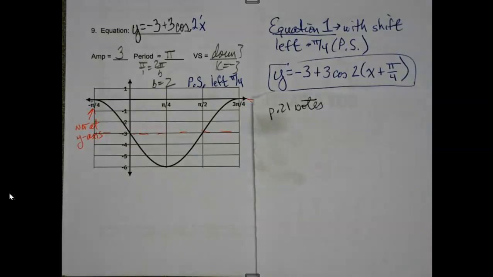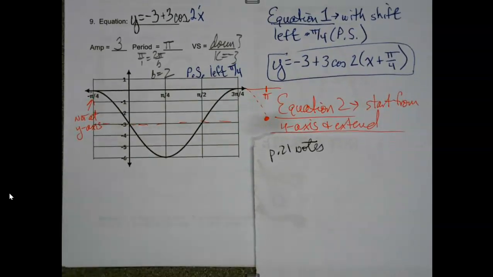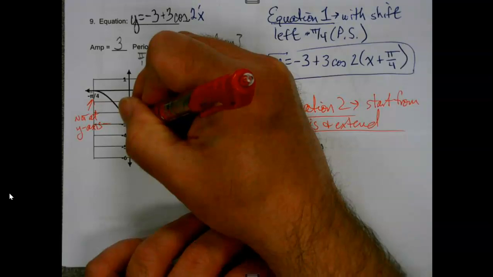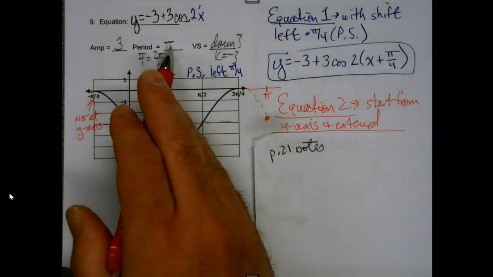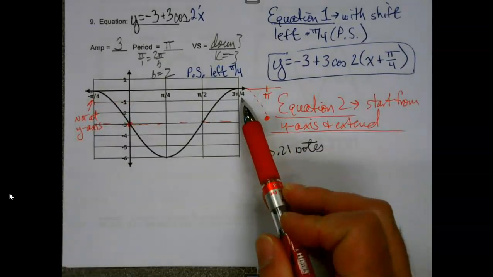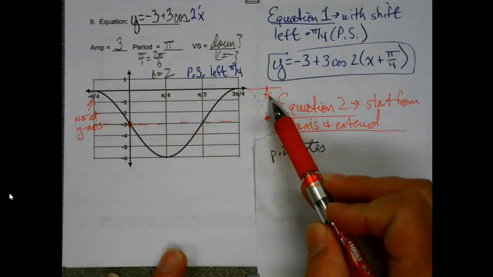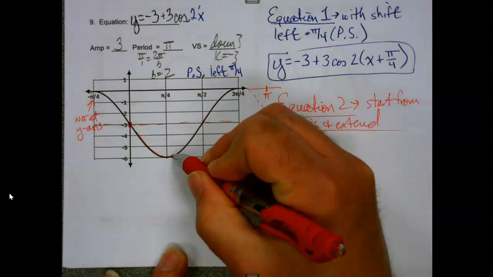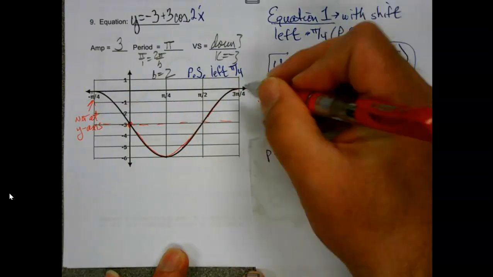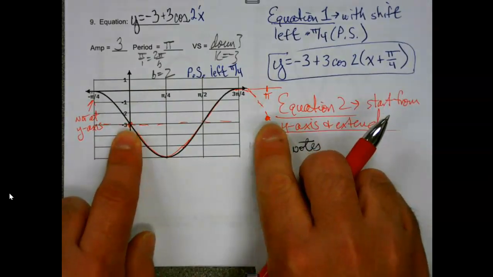Here's what you'd have to do. So if you want to avoid it, here is option number 2. You would start your graph from the y-axis like you normally do, but since the period is pi and the graph ends at 3 pi over 4, you would just start at the y-axis and extend your graph to make sure that your period is still pi.